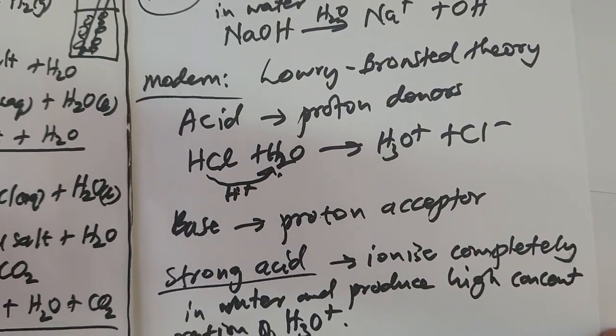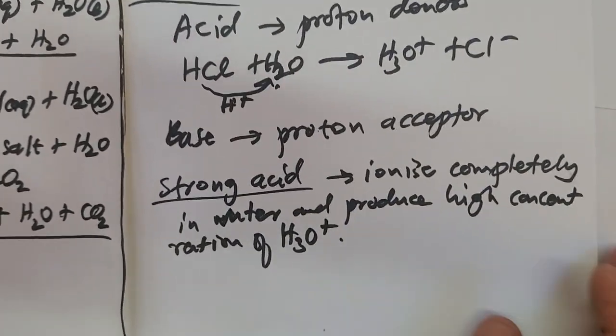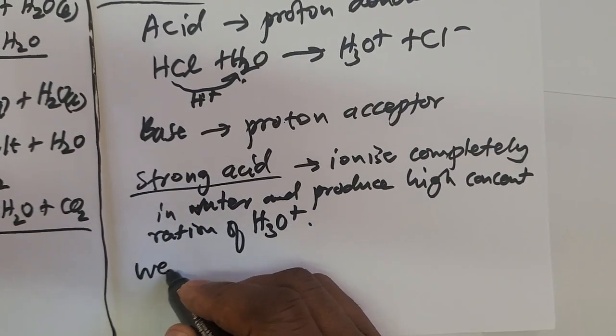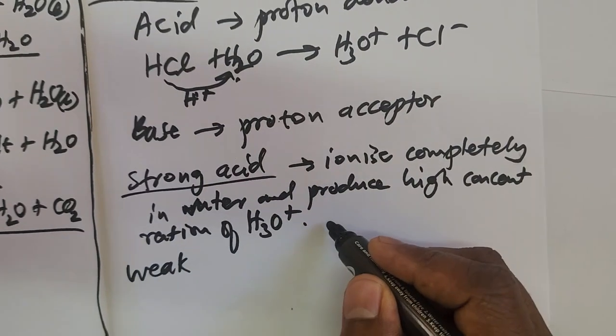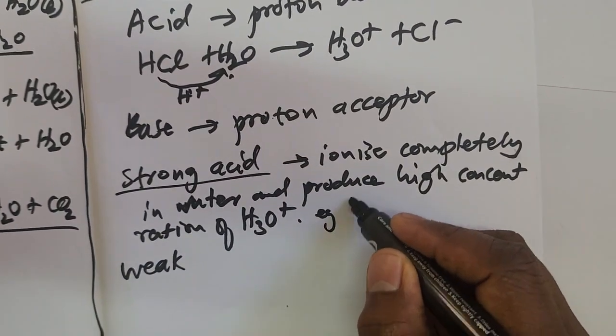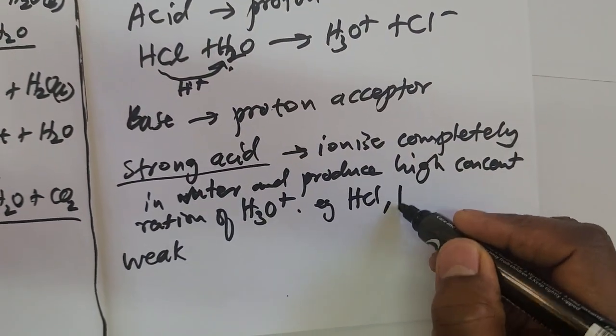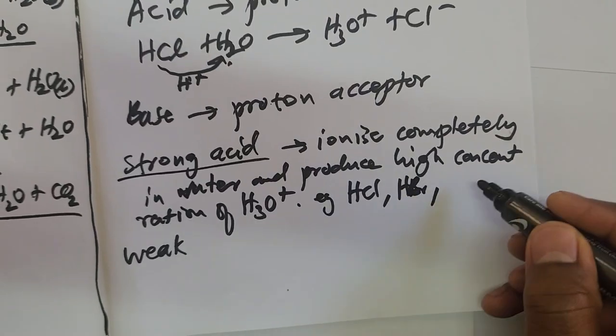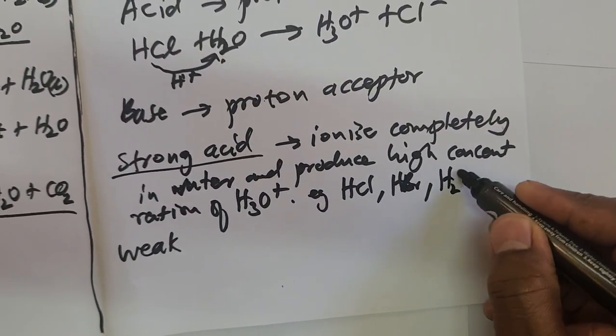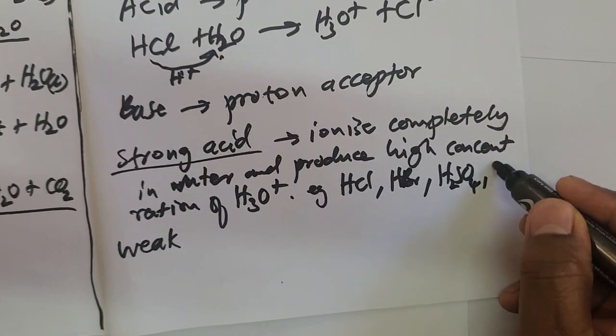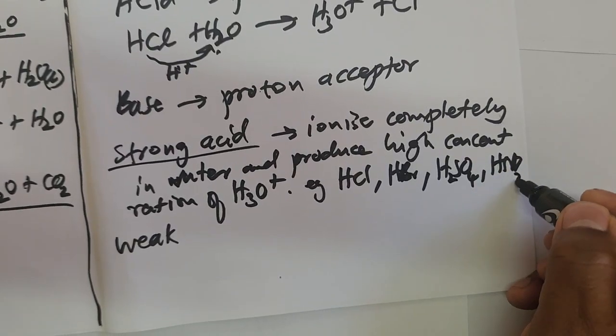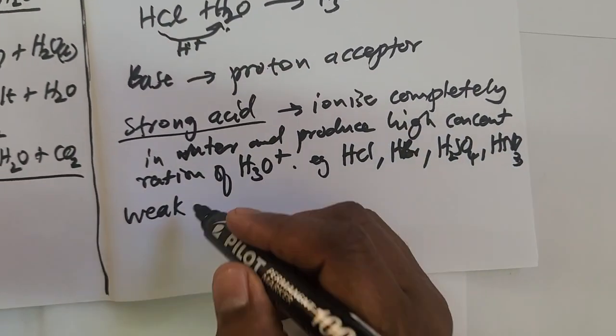Therefore that is a strong acid. Examples here will be your HCl, your HBr, your sulfuric acid, your nitric acid. Those are examples of strong acids.